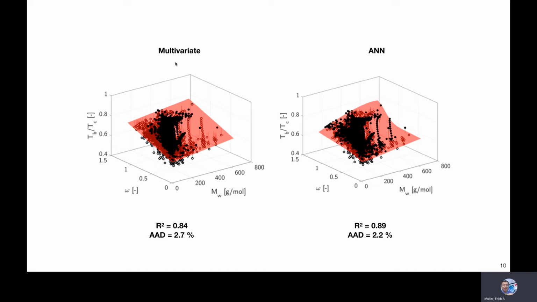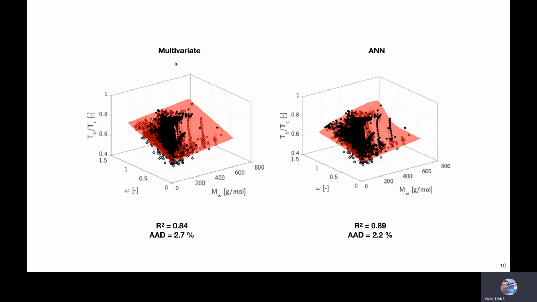There is some deviation in the data, and that is expected. But the shape of the surface in the multivariate case is just flat; we're just fitting a straight line in 2 dimensions. Interestingly enough, the artificial neural network captures a little bit more of the shape of the surface. The R-square improves, and the average absolute deviation also improves.